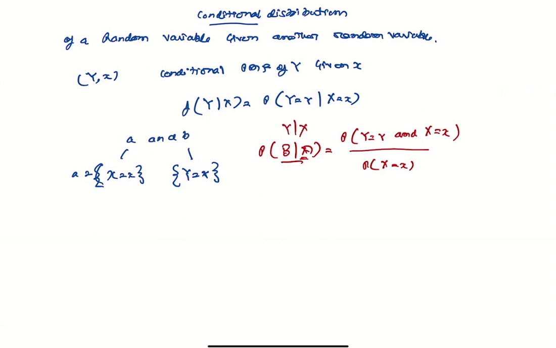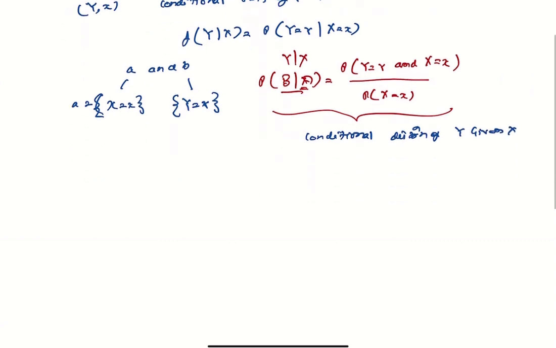So this is called the conditional distribution of y given x. So f of y given x is f_{XY}, which is Y equal to y and X equal to x.